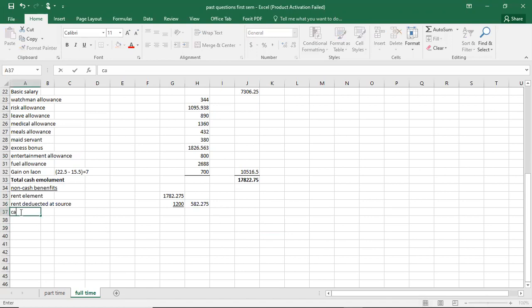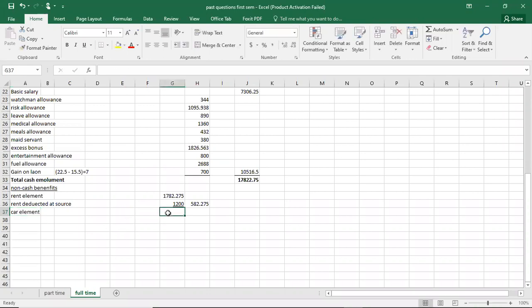Then he is provided with a car, fuel, and driver. In addition to the fuel paid in cash, he is entitled to company car, driver, and fuel for private and official use.